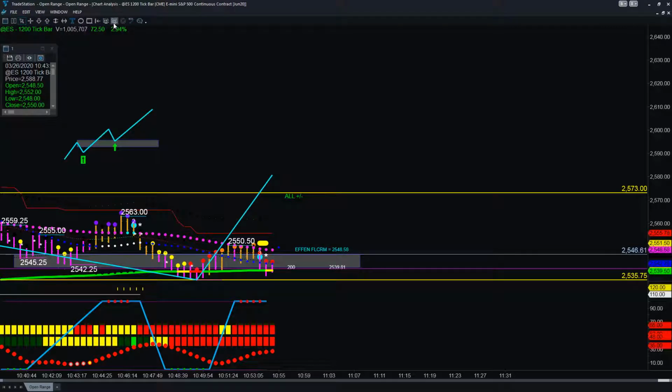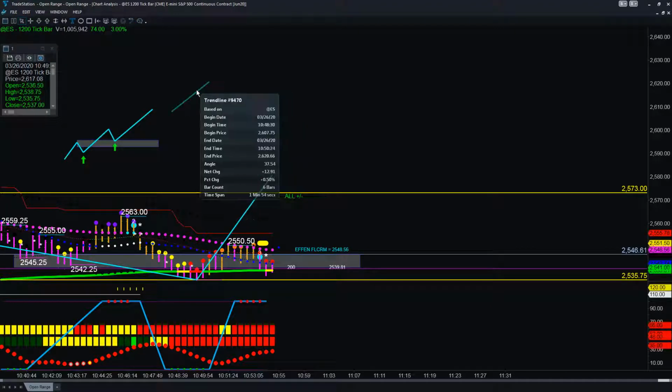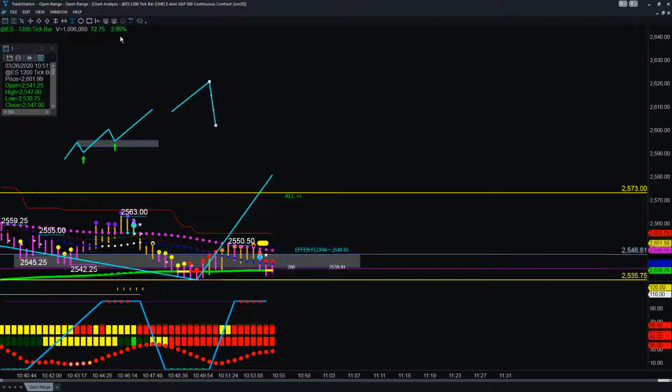However, here's where this starts to take your money. You get a broadening pattern, price comes up, makes a swing high, just made a swing low. What just happened? A lot of traders will understand that, hey, I should be buying the pullback.